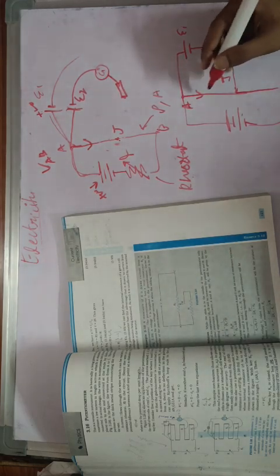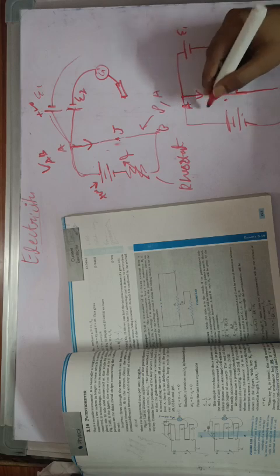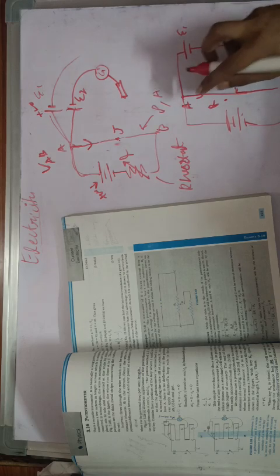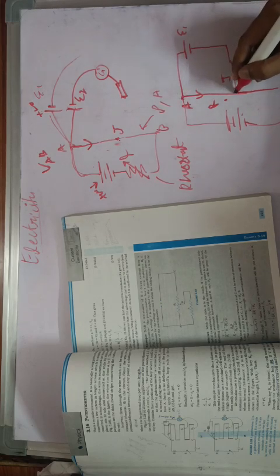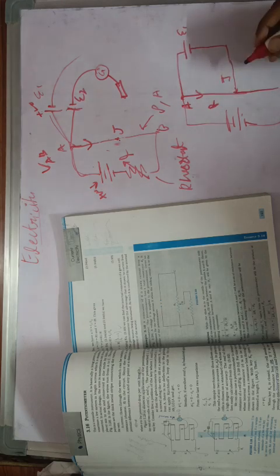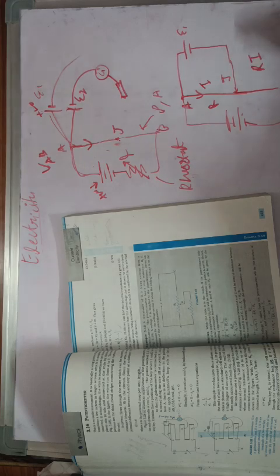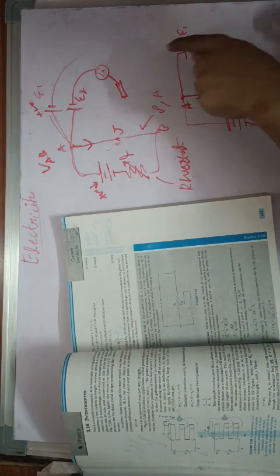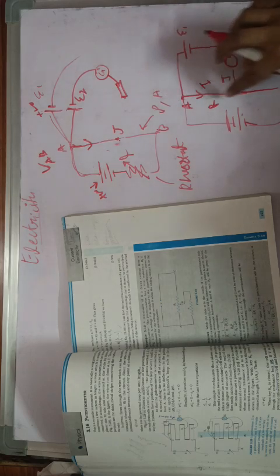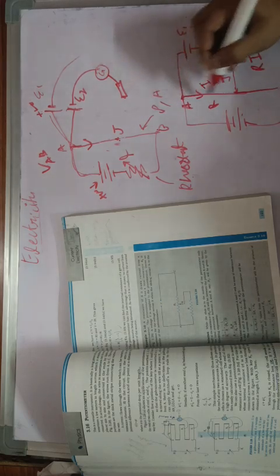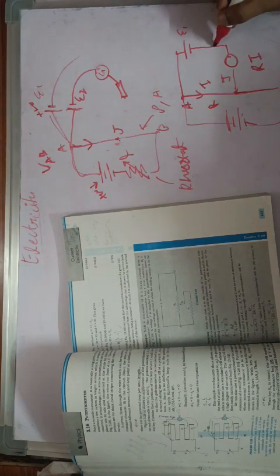Let's say this part between A and this J has resistance R. Then since the current is flowing in this direction, the potential difference is R into I, and there is a galvanometer here, and the potential difference across this AB would be the potential difference across this.